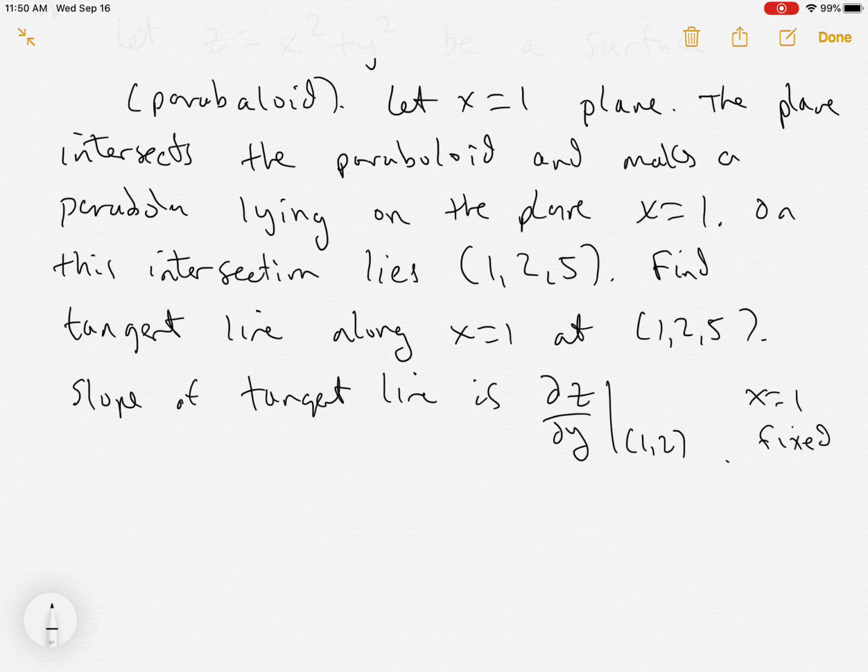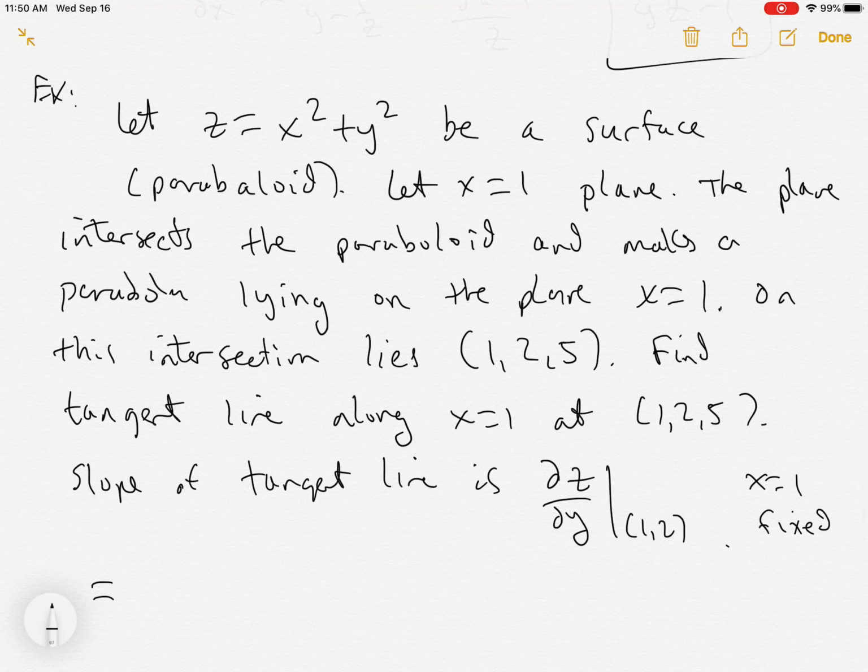We need to find dz/dy, which is pretty simple. The derivative with respect to y of x squared is 0, and the derivative with respect to y of y squared is 2y. So we evaluate that at (1, 2), and we get 4. Sorry, it's the slope of the tangent line.